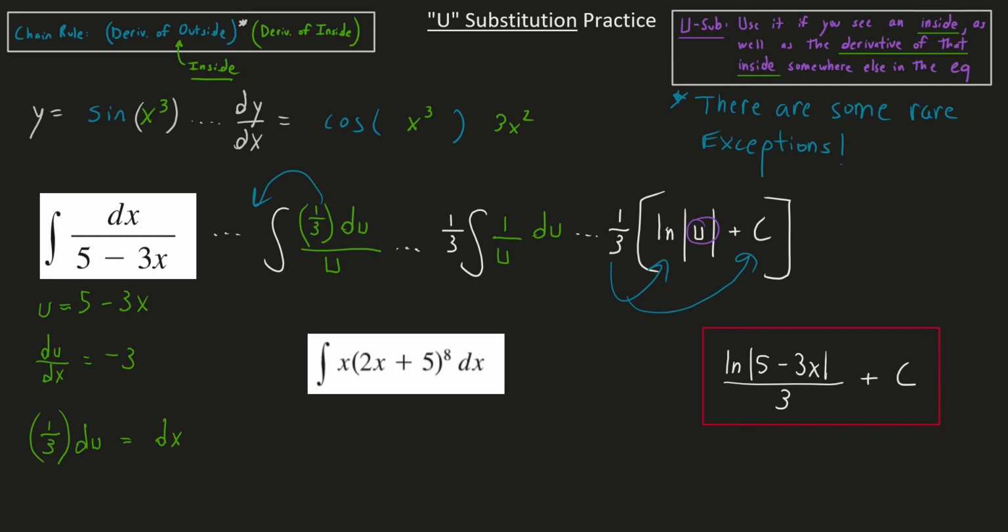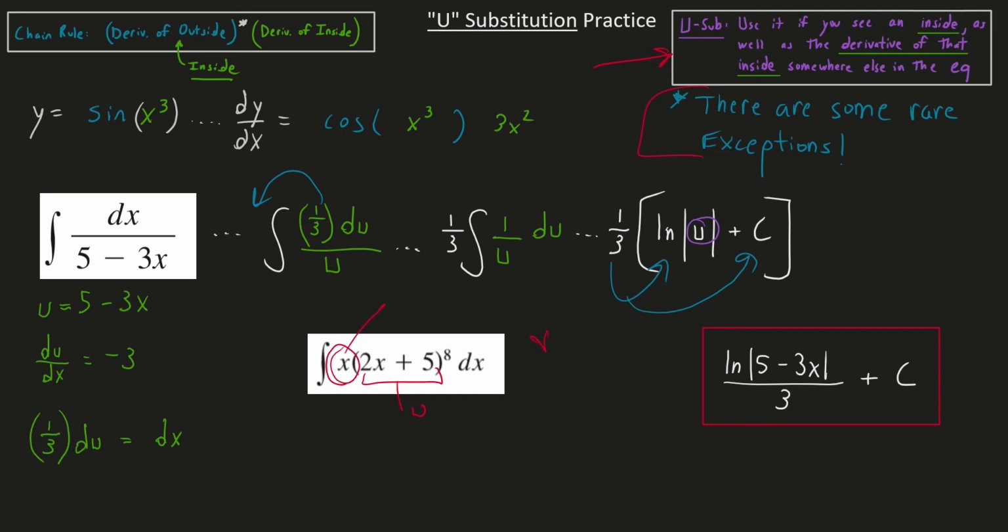But then you do have those very rare exceptions to this general u sub approach that I taught you. The derivative of your u, your inner, won't be elsewhere in the equation. Like in this case, if I choose this as my u, my derivative of it is just 2. It's no problem that there's no 2 here. I can just move that to the other side. But the problem is, how am I supposed to get this x out of here?